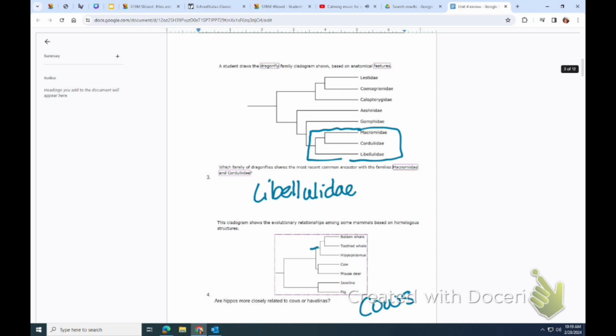All right, so look at this bracket here, right? Everyone see it? So I've got hippos here and cows here. Are javelinas even on that same bracket with them? I'd have to go back up another level to that next bracket, right? So they're the most closely related because they share the most close bracket. Does that register for you guys? Okay.